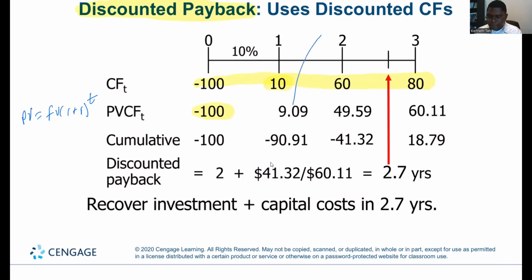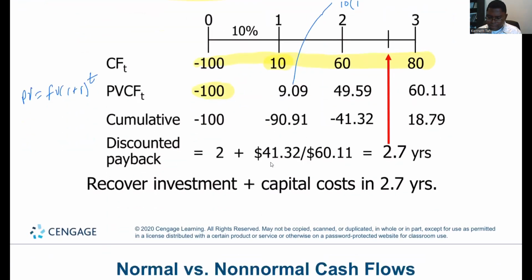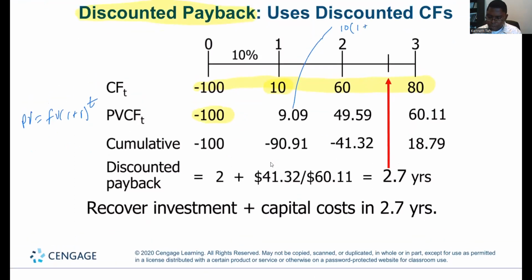And that is how we have this 9.09. So the future value here is 10, 1 plus r, the discount rate is given as 10%, I believe. We had used it before. So this is 1 plus 0.10 raised to the power 1. So that is going to give us 9.09.